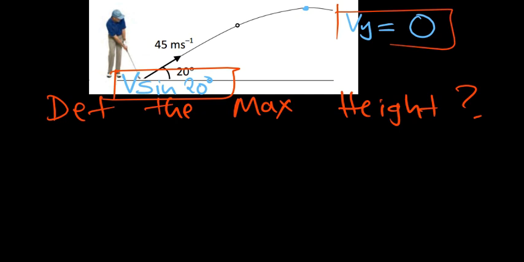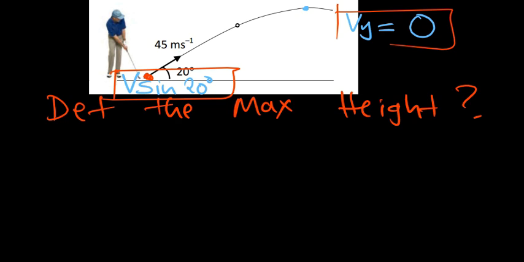So how do we basically determine the highest point or the maximum height? Understand that at the maximum height, our velocity is going to be 0 in the y direction, and then at start it's v sine 20 degrees.